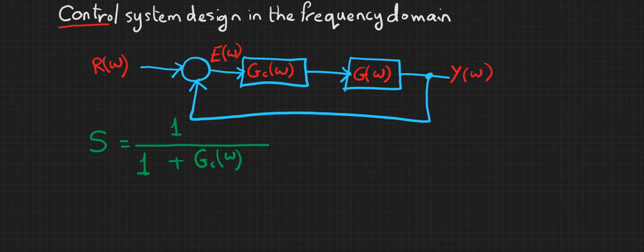So the sensitivity is, by definition, how the variation in the open loop system will affect the closed loop system characteristics.